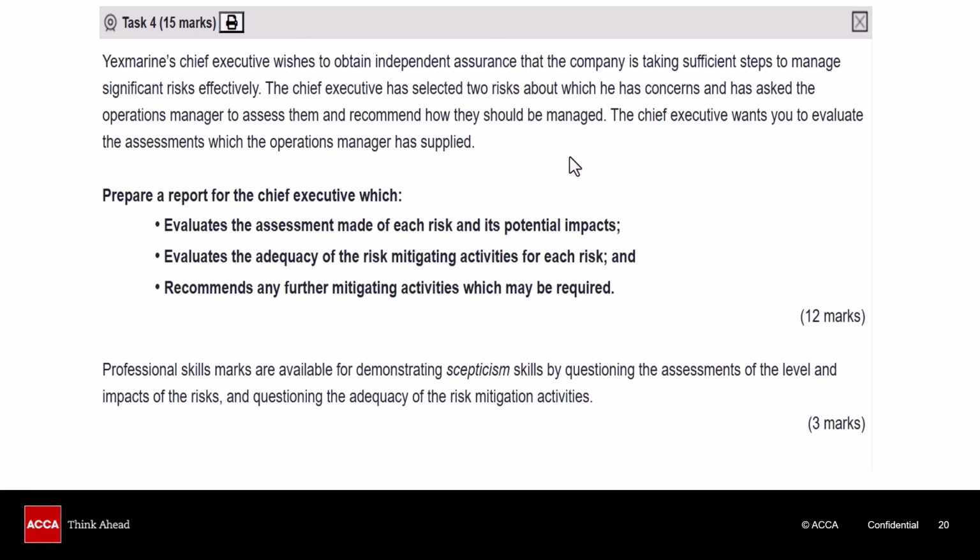Evaluates the adequacy of the risk mitigating activities for each risk. How good do we think the risk mitigation is or has been? And if it hasn't been particularly good, can you recommend what we should be doing? Either improving the existing ones or perhaps replacing the existing mitigating activities.